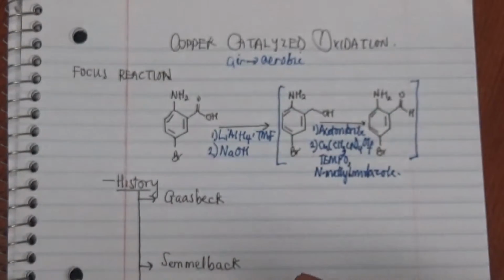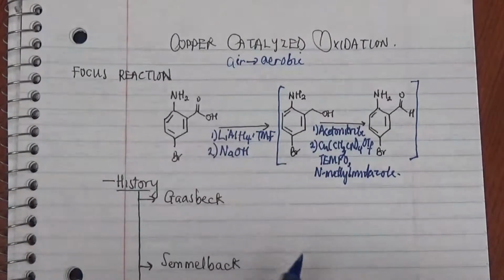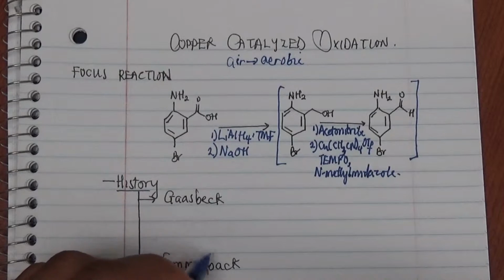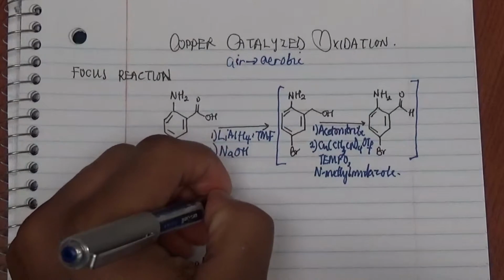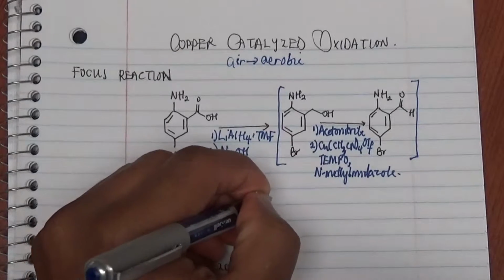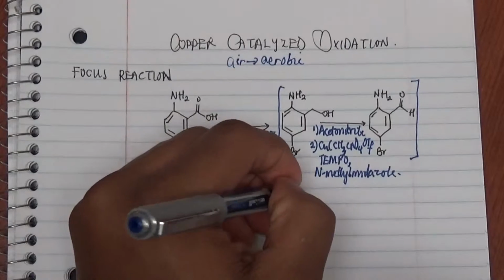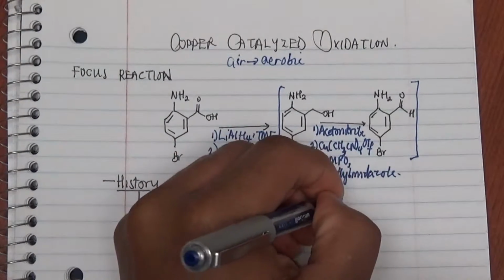So let's look at a little history behind the formation of this product in the presence of copper. First, a scientist by the name of Gamez, what he understood was that an alcohol oxidation in the presence of atmospheric oxygen requires a copper salt, and this copper salt needs to be coupled with a nitroxyl radical.